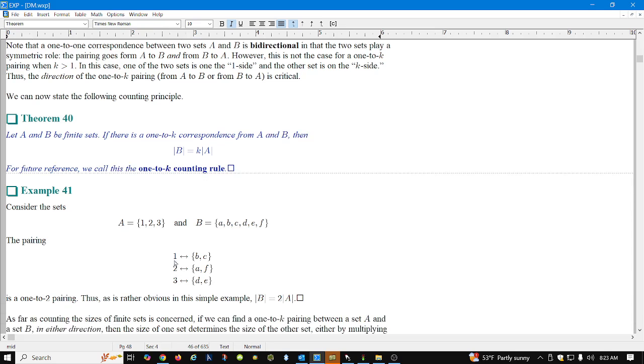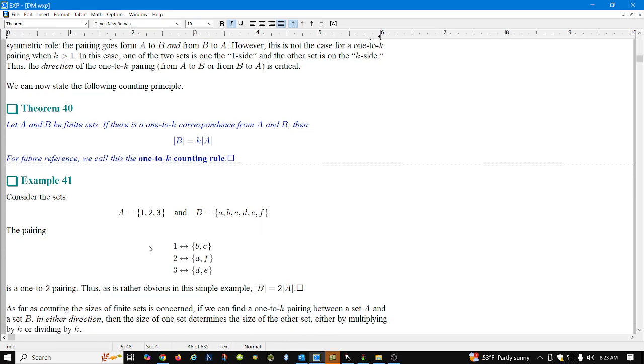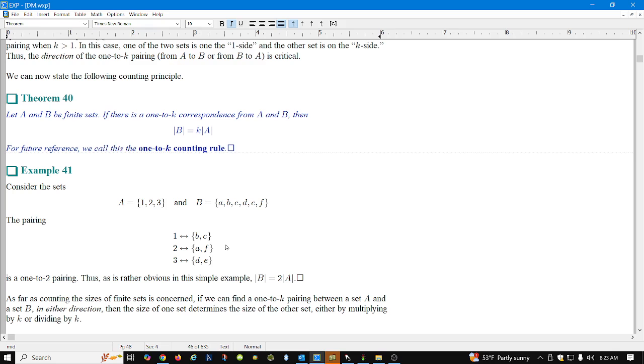So here's a simple example. This is the set A, this is the set B. Here is a 1-to-2 pairing. Each element of A is paired with a doubleton subset of B, and these three subsets form a partition of B. So, in this case, the size of B is twice the size of A, which is rather obvious.